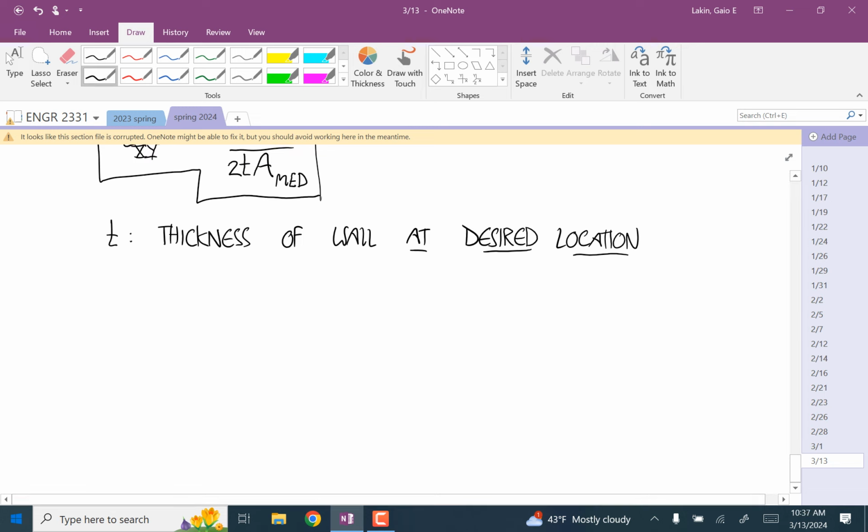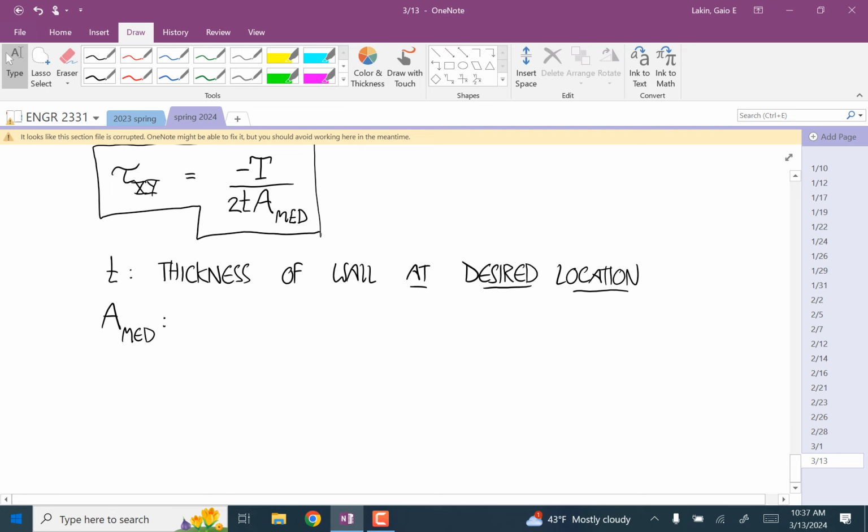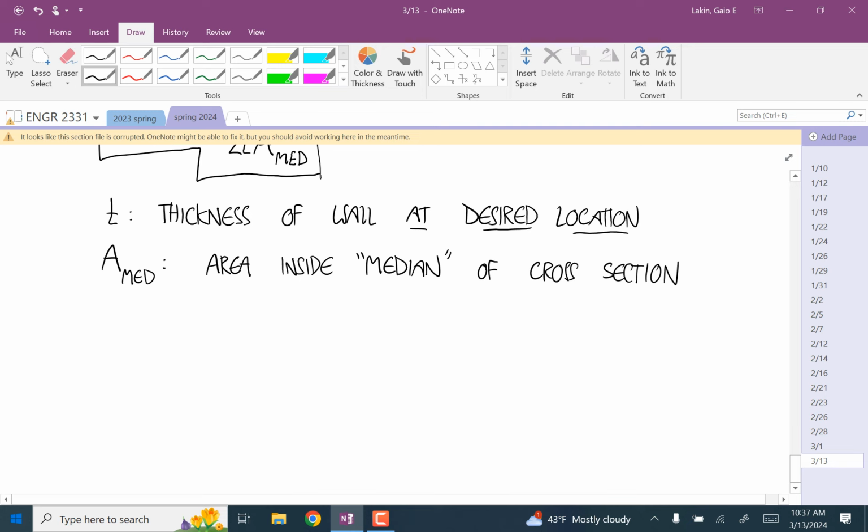Okay, so t is the thickness of the wall at the desired location. What's this median area? I'm just going to draw a picture. Well, this is the area inside the median of the cross section. So let me give you an example of that.